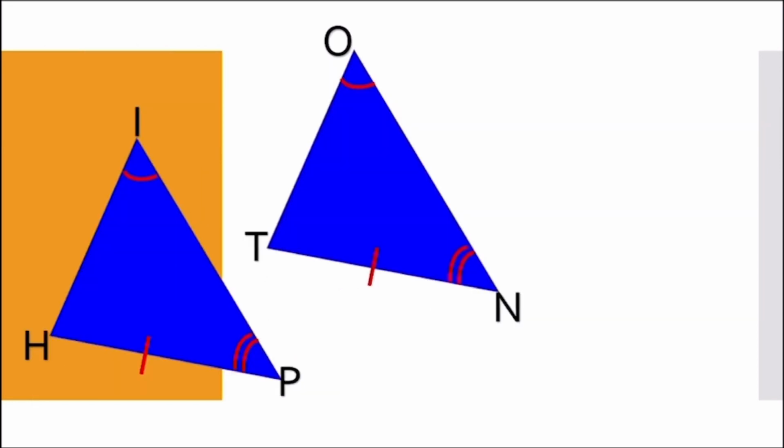Triangle HIP is congruent to triangle TON by AAS congruence theorem as illustrated on the slide.